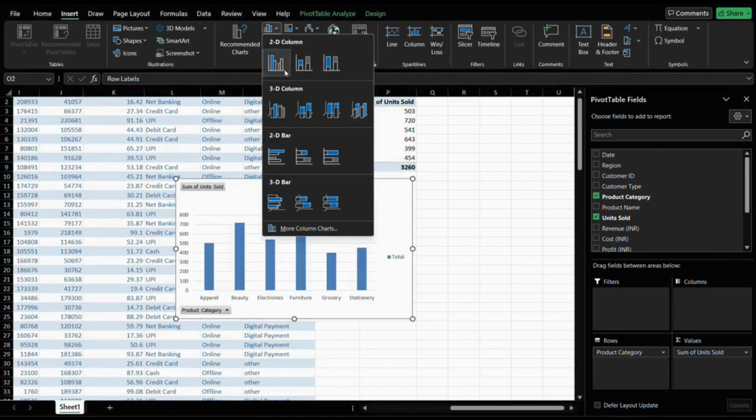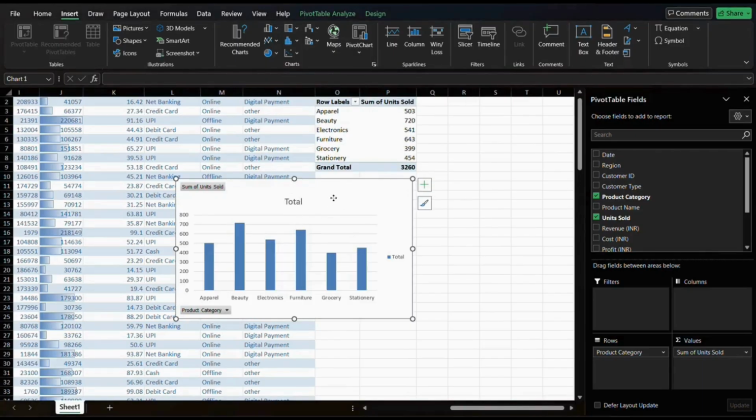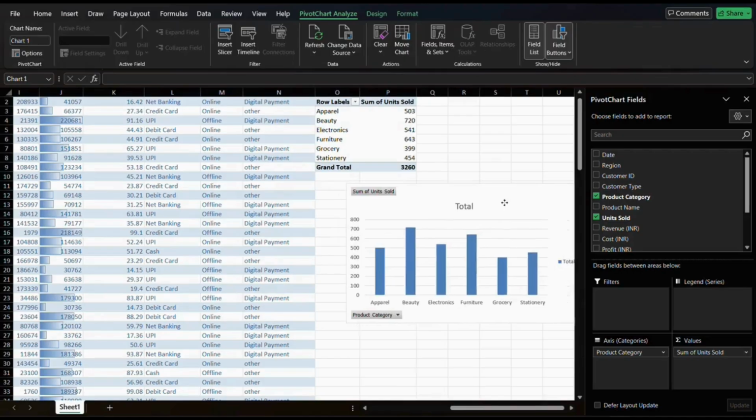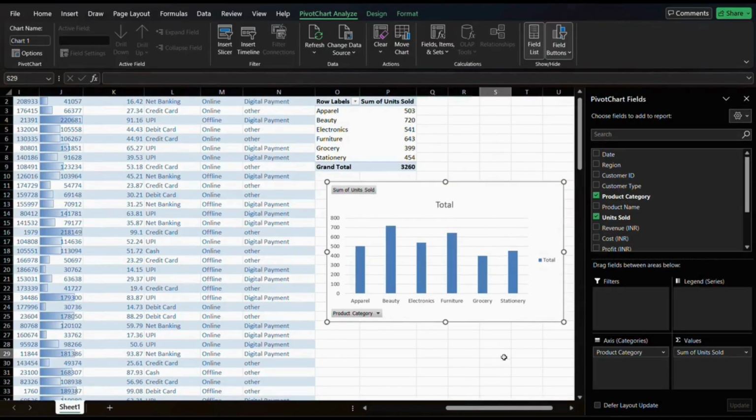This chart makes it easier to see which products perform the best and which ones need improvement.